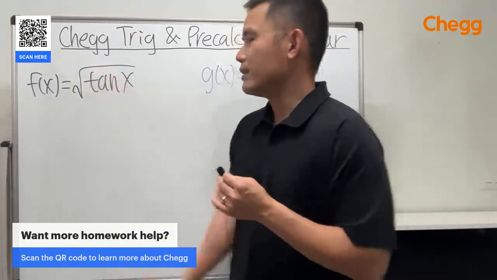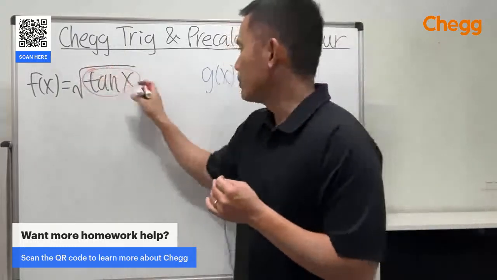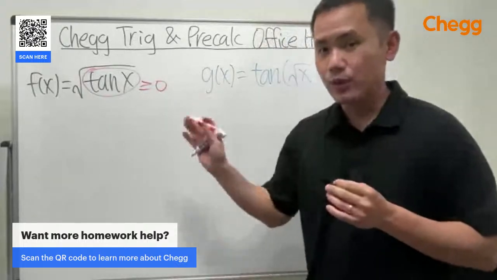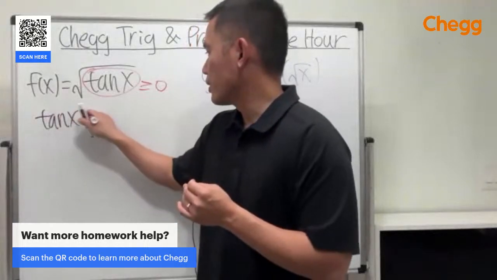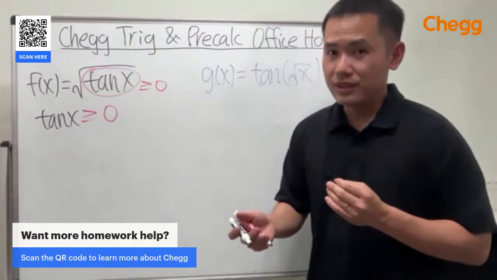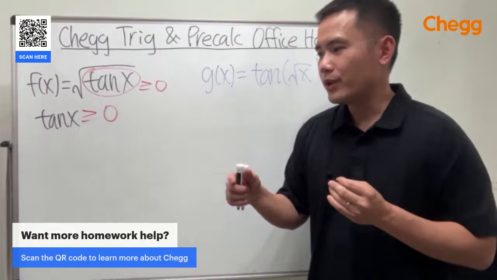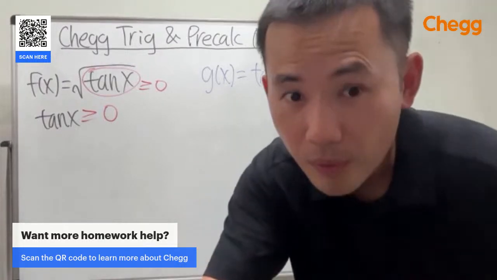Now, for the first one, you just have to make sure this is greater than or equal to 0. So let me write that down: tangent x greater than or equal to 0. And it depends on how you want to do this. You can use the unit circle, or you can use the triangle method and all that.